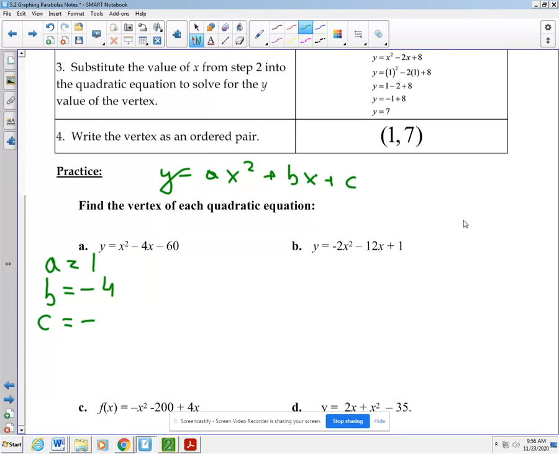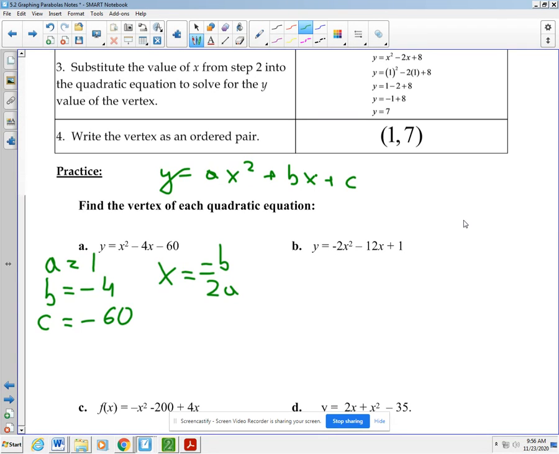Okay? Please remember, the vertex is an ordered pair. It's x comma y. So to find the vertex, you do x equals the opposite of b divided by 2a. Okay?